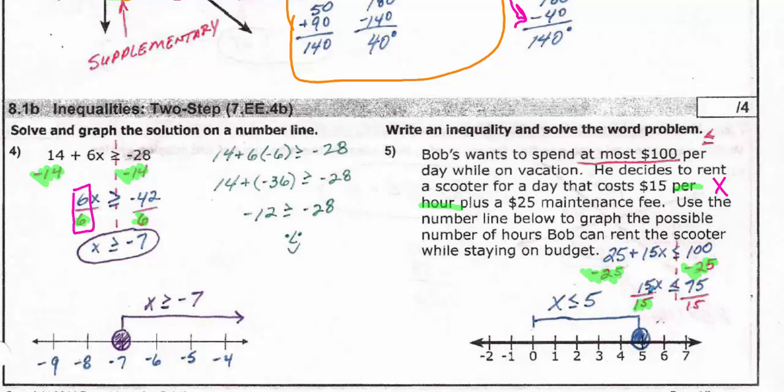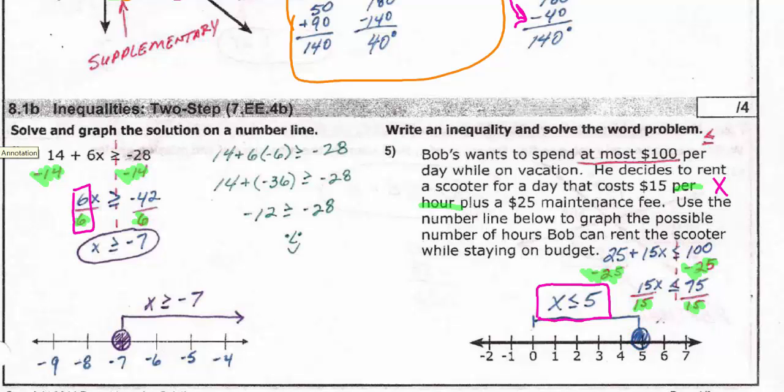Divide everything by 15. That's the coefficient. And we get x is less than or equal to 5. Bob can ride the scooter for 5 hours or less. Since it's a less than or equal to, we fill in the circle.